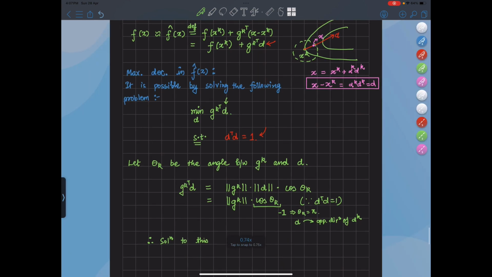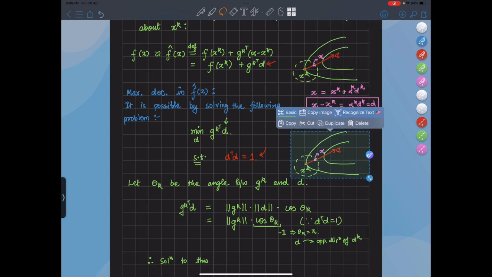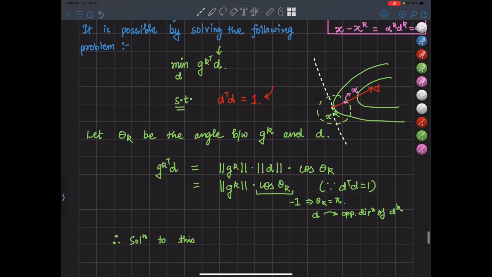so let me show you visually. So this is the gradient, and this is, let's say, d, and this is gk, and theta k is this angle.